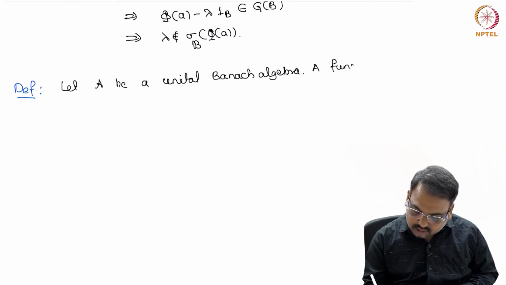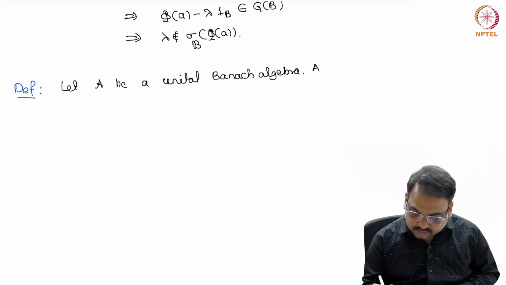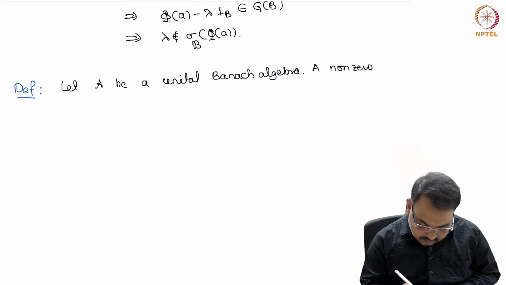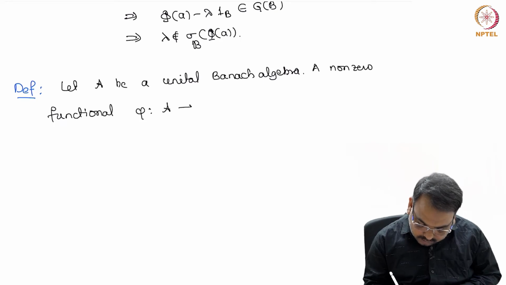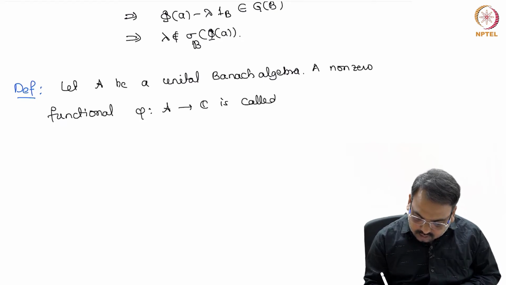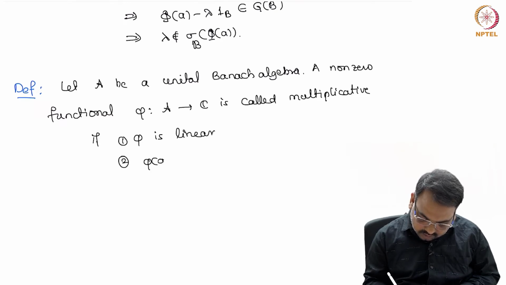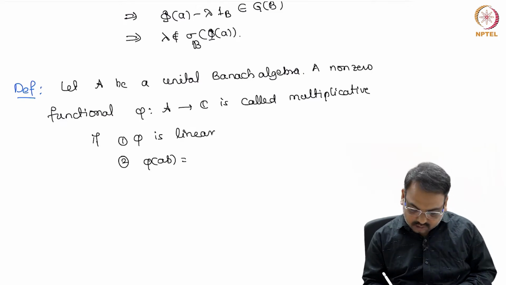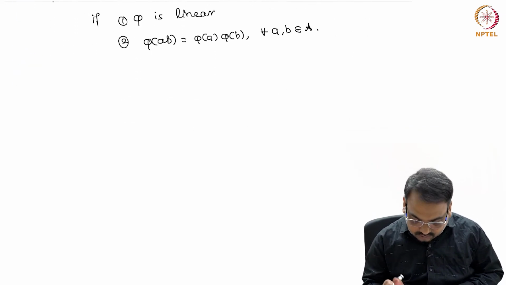A functional, in fact we consider a non-zero functional, phi from A to C is called multiplicative if phi is linear and phi preserves the multiplication, that is phi of ab is phi of a into phi of b for every a, b in A.